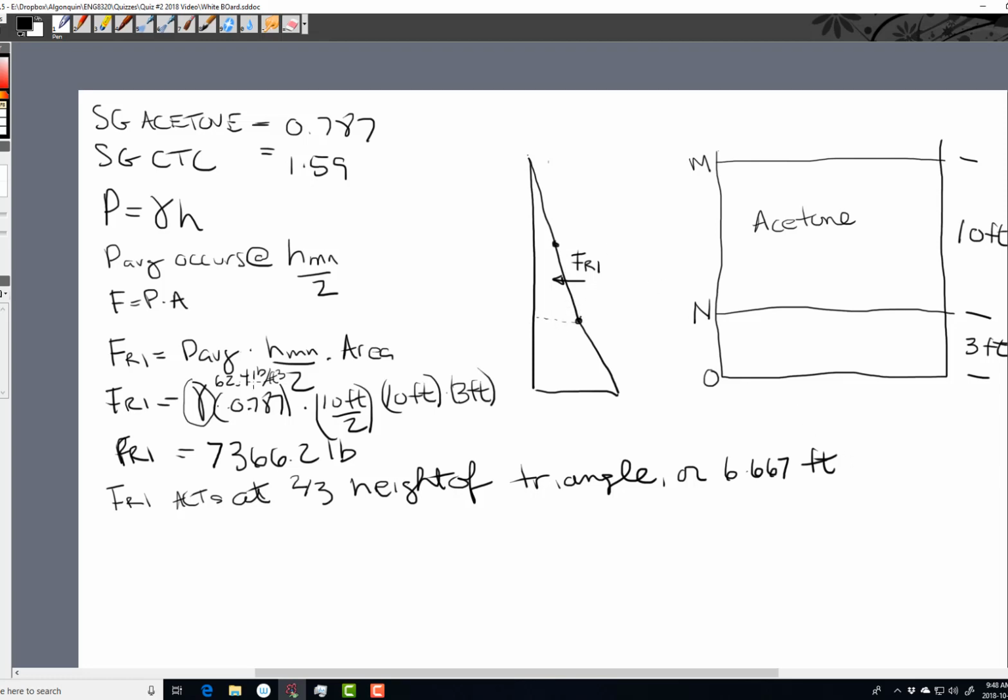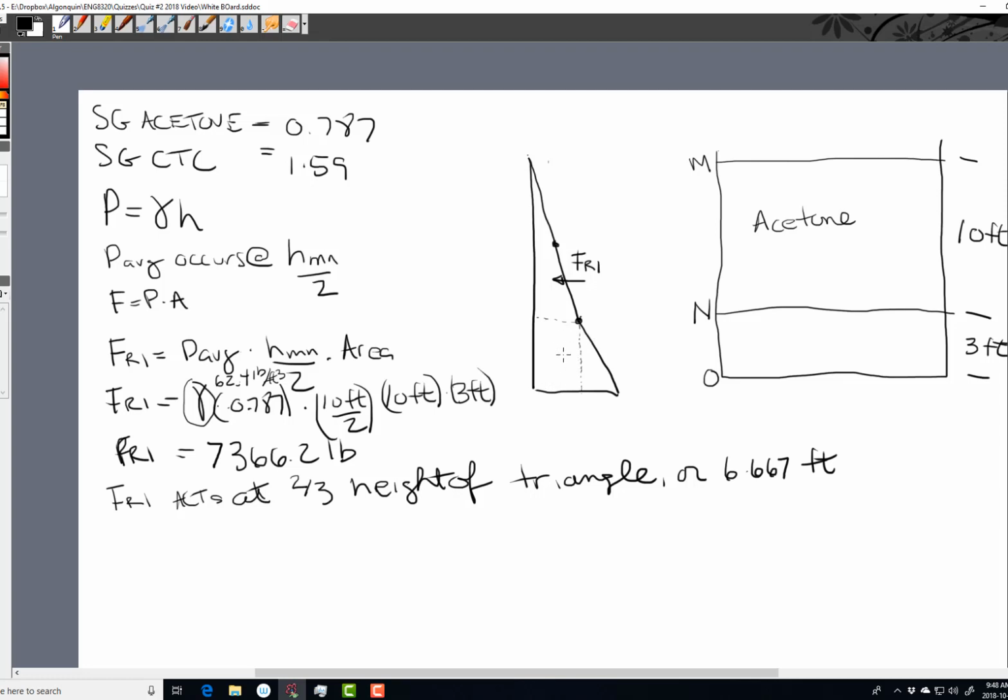So the distance from here to here for this resultant of the pressure from the acetone is 6.67 feet. The tricky part, as we talked about in class, is that now that we've done pressures on a submerged door, you could solve the resultant of this entire triangle using the moment of inertia. But when we first did this, we didn't know that in class.